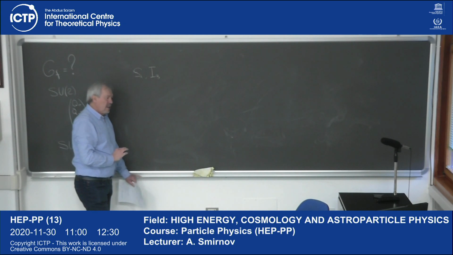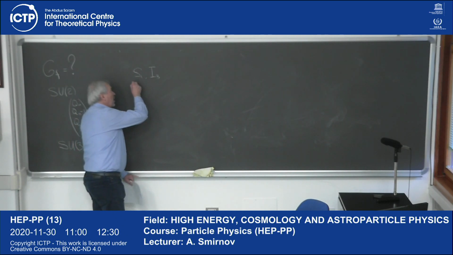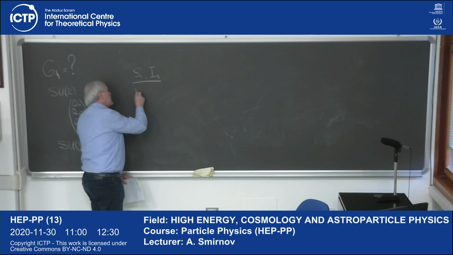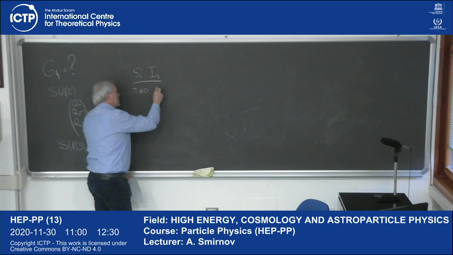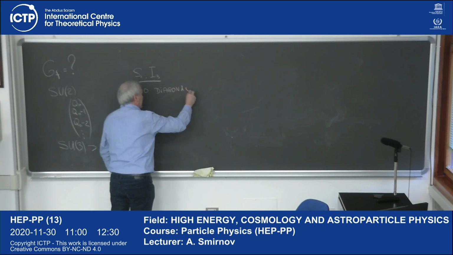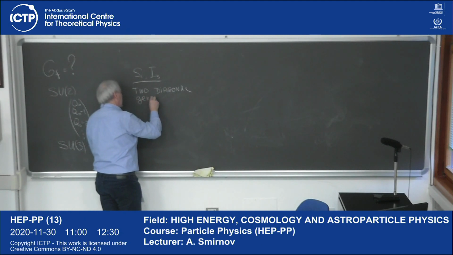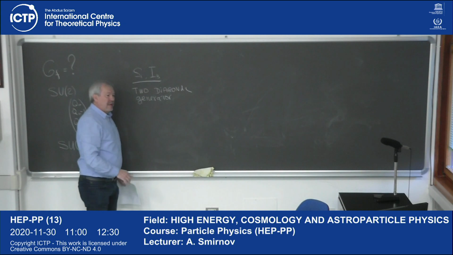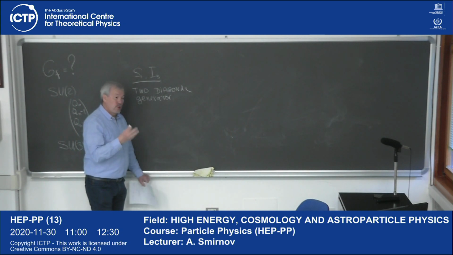Not now, but if you want, I can elaborate on this maybe later, in a lecture maybe tomorrow. So this means that we need to have some group which has two diagonal generators. So to say, we need to have the group which has rank 2, not just 1.